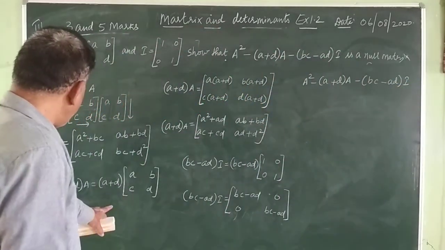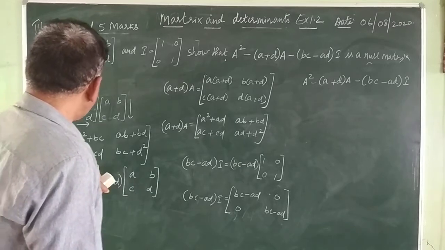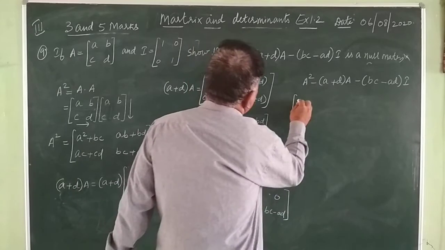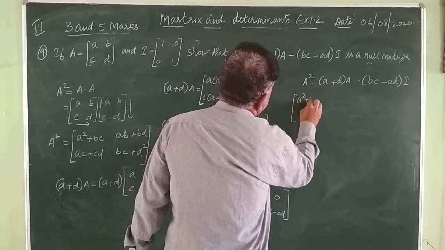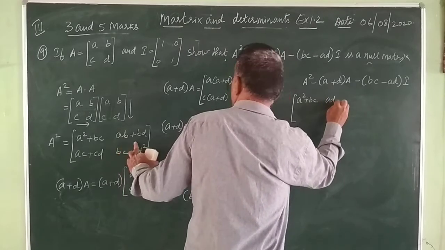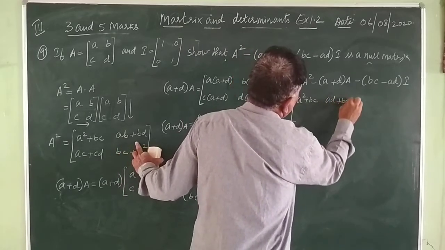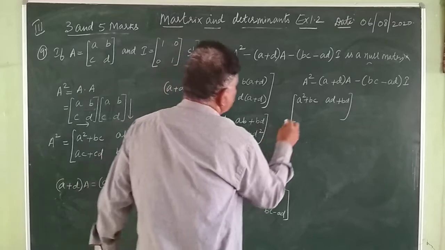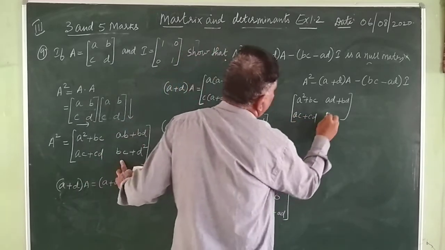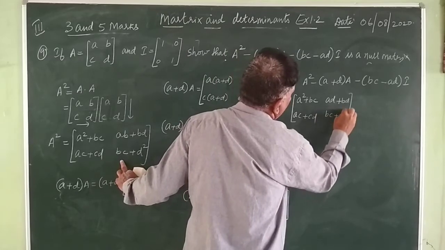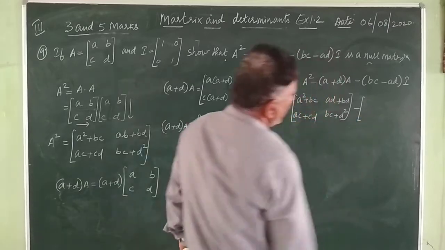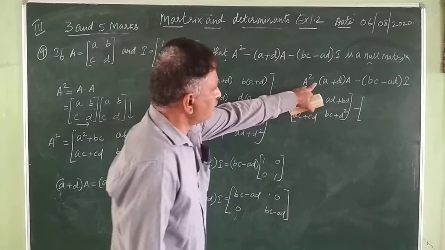What is A square we got? We got A square as [A square plus BC, AB plus BD; AC plus CD, BC plus D square], minus, because the minus sign is there, minus.